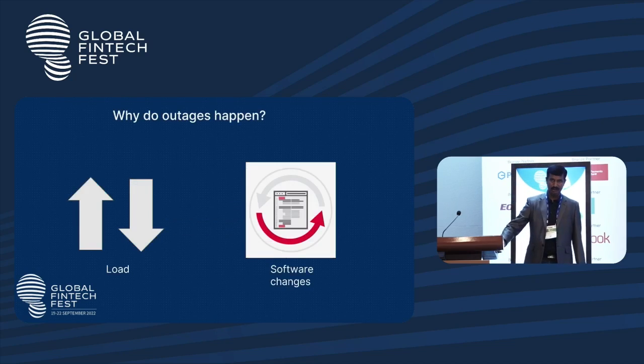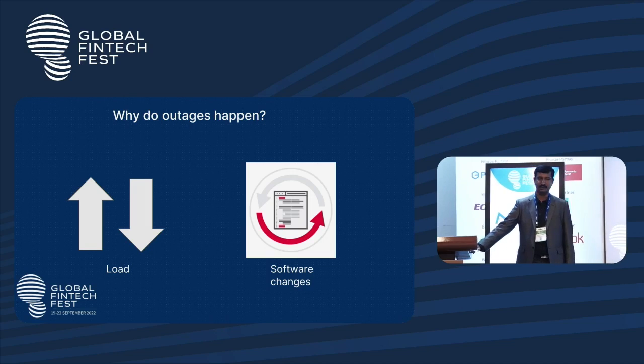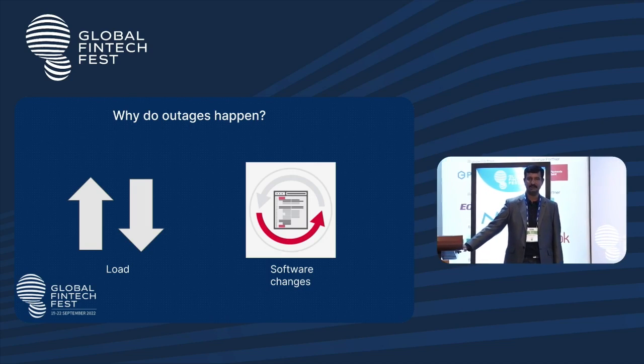Load is something that you can never match in your regular testing. A bulk of users come, and the amount of load changes everything in your production system. You can never reproduce that issue in your lab environment or user acceptance test environment.